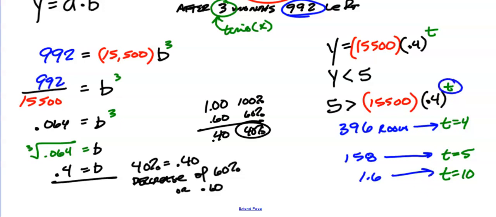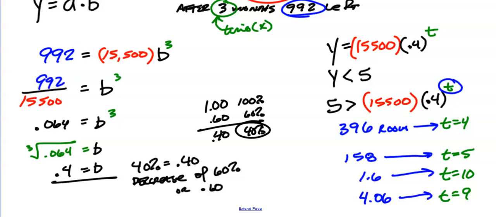Let's try another one. I'm going to go less than 10. I'll say t is 9, because 10 is really far away from 5. So 15,500 times 0.4 to the power of 9 is 4.06.